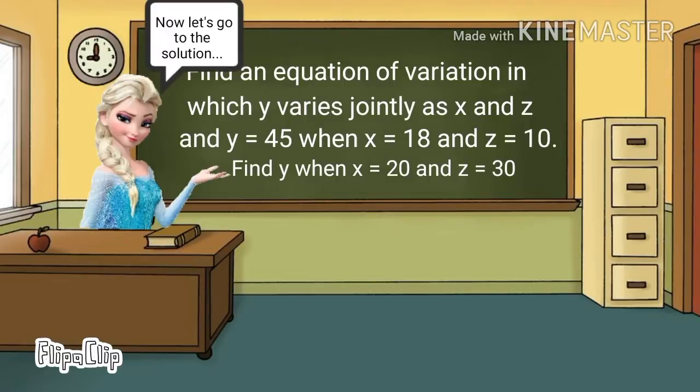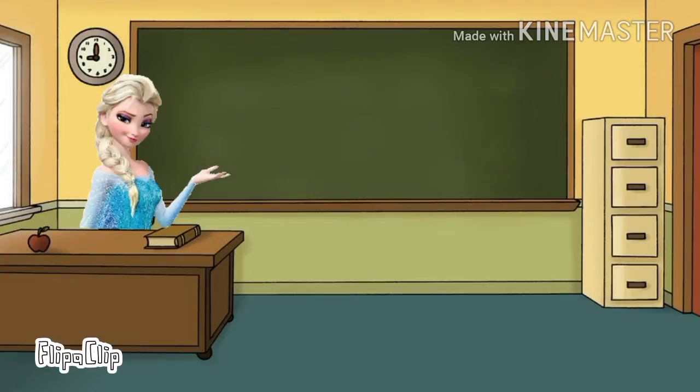Now let's go to the solution. The equation is y = kxz. We will substitute the values in which y is equal to 45, x is equal to 18, and z is equal to 10, and get the product of x and z.